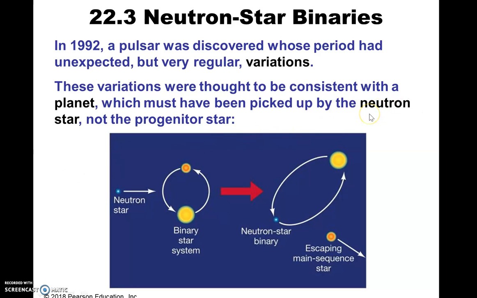A neutron star, of course, is this rotating object, and one of the reasons that it might not be a pulsar is that the pulses might not be aimed. Just like if the lighthouse is not aimed towards your direction, you won't be able to see that lighthouse. It's the same thing. If the neutron star is spinning in such a manner that it is essentially perpendicular to our line of sight, you're never going to see that pulsar.